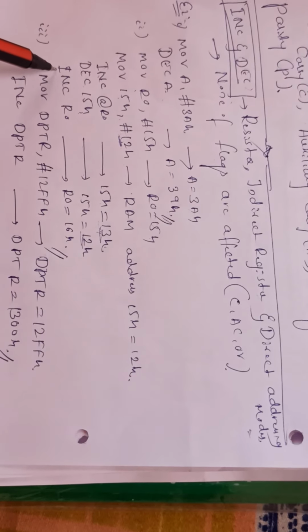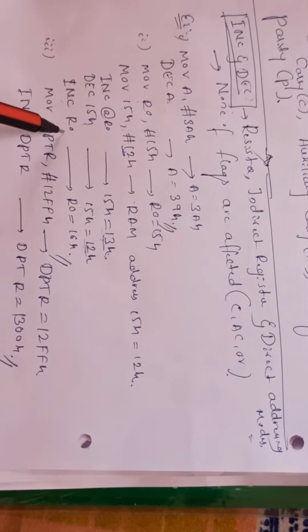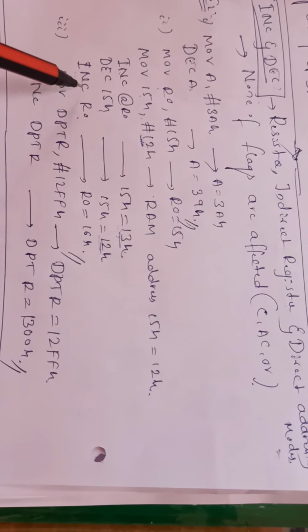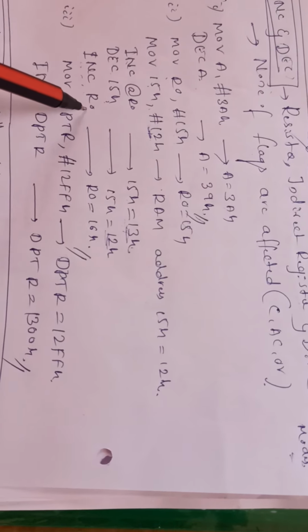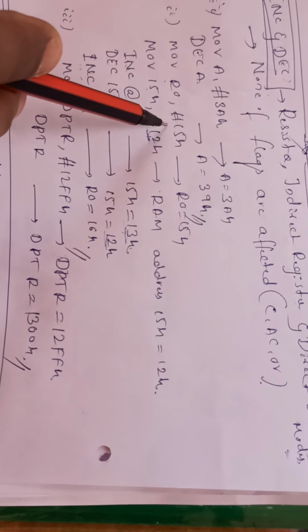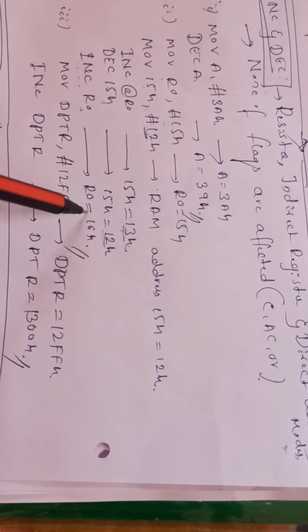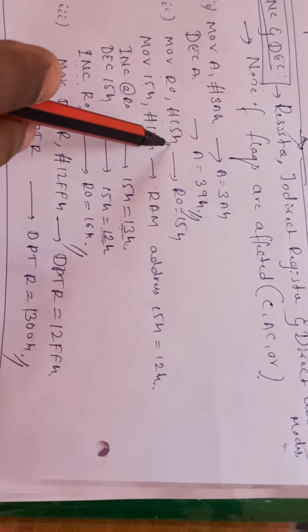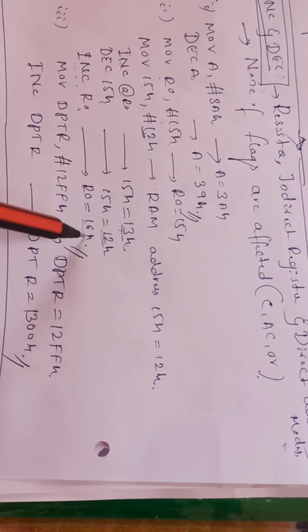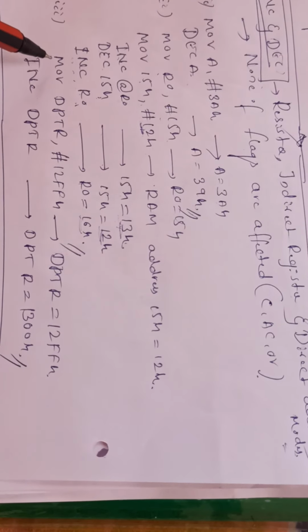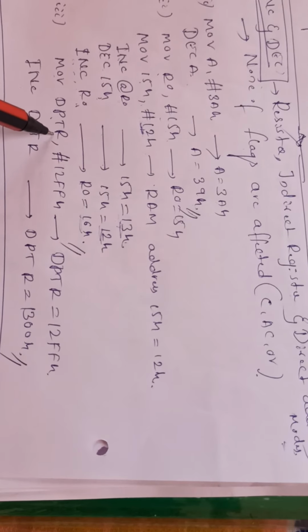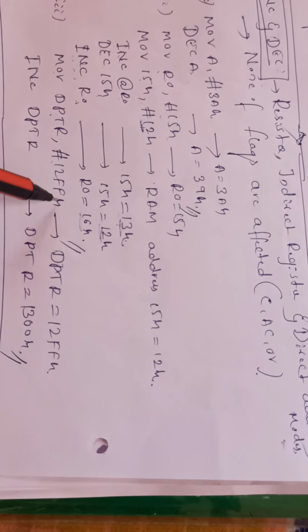Similarly, if I write INC R0, I increment the R0 memory address. What is the address here? It is 15H, so R0 becomes 15 plus 1, that is 16H. One last example: MOV DPTR, #1FFH.